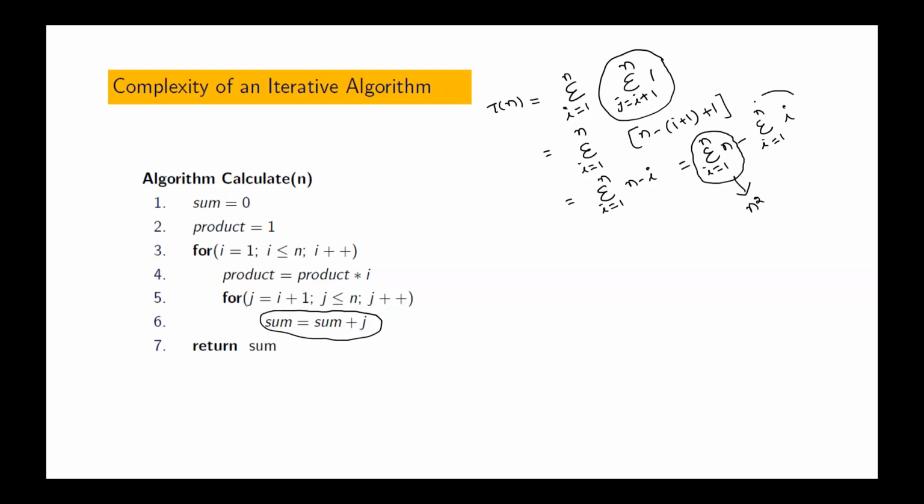We also know sigma i, which is n into n plus 1 by 2, the sum of the first n natural numbers. So this is nothing but n square minus n into n plus 1 by 2. What is its order of growth? n square. After that, however we want, we can represent it.